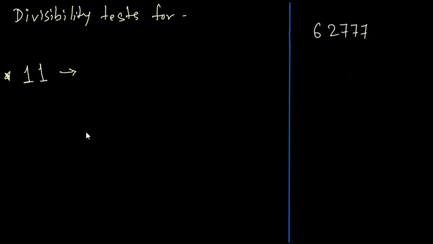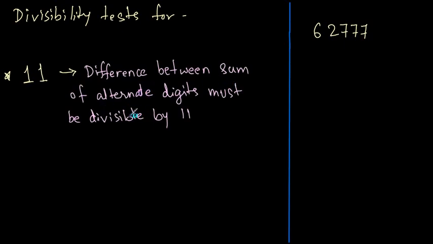Now let's see the divisibility rule for 11. The difference between sum of alternate digits must be divisible by 11. So let's take this example and find out the alternate digits. So you need to take out the alternate digits. So let's mark the alternate digits: 6, then 7, and then 7. So let's add those alternate digits. So 6 plus 7 plus 7 is one group, and 2 plus 7 is another group.